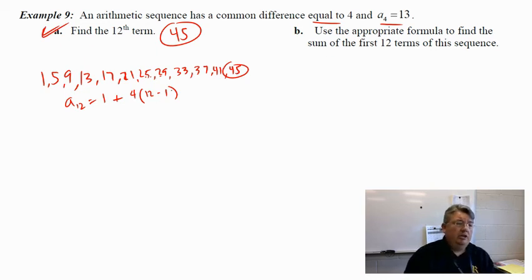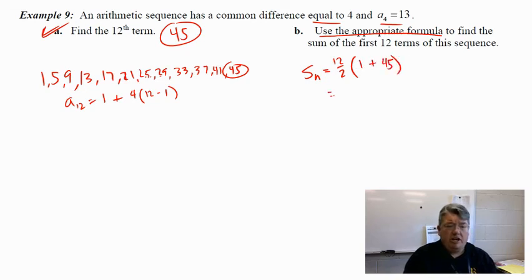But here, if you just went in your calculator and you went 1 plus 5 plus 9 plus 13, all that, you would not get credit for part B, because this says use the appropriate formula. So show an algebraic approach. So I would need to go S sub n equals n, which is 12 over 2 times the first term, which is 1, plus the last term, which is 45.